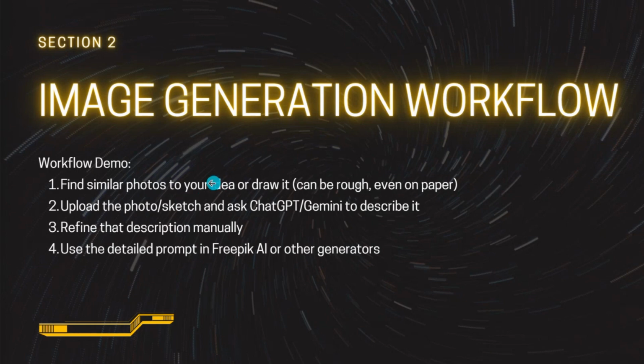You can just drag and drop your desired photo to an AI chat, for example ChatGPT or Gemini, and ask these AI tools to describe it. So the point is you will have a description for your photo, for your sketch, in a robot language.